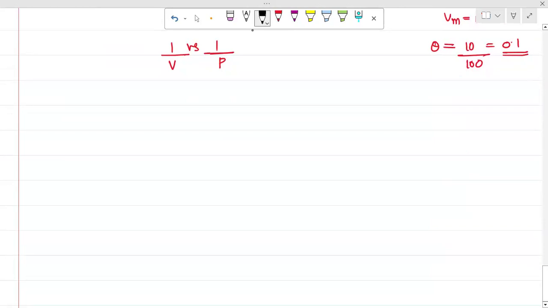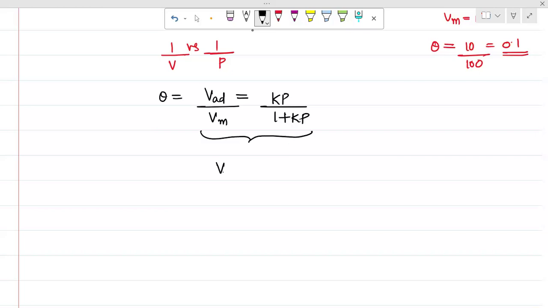So by now, you know that theta is equal to the volume of the gas adsorbed divided by the total volume of the gas required to form the monolayer, equal to Kp by 1 plus Kp. Let's take the reciprocal. Now I'm going to consider only these two.